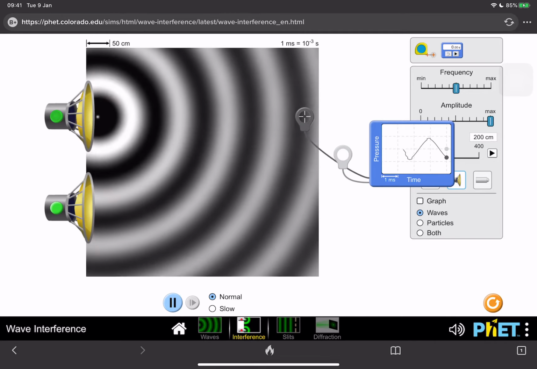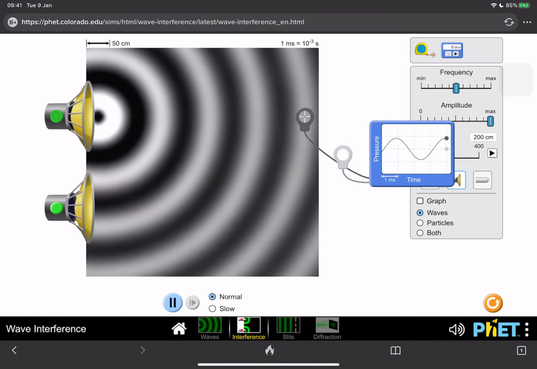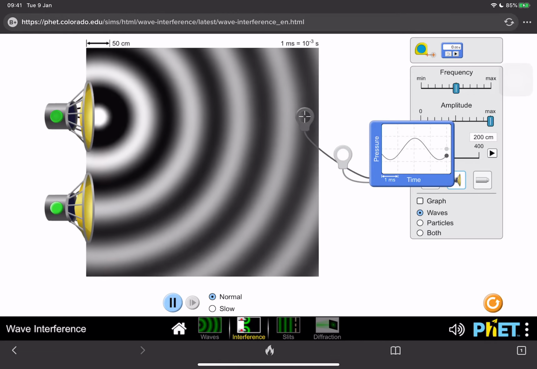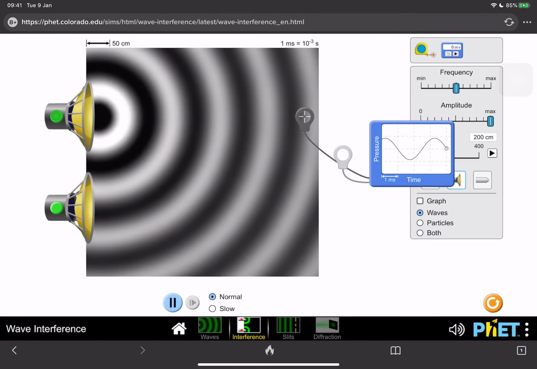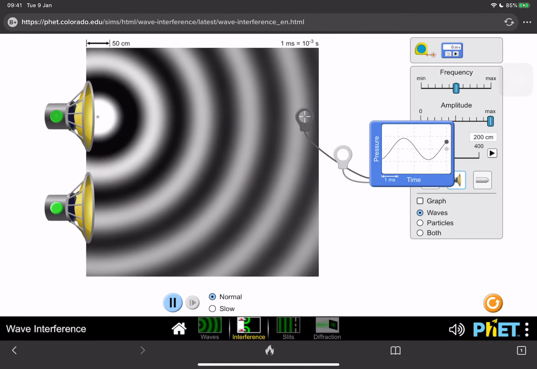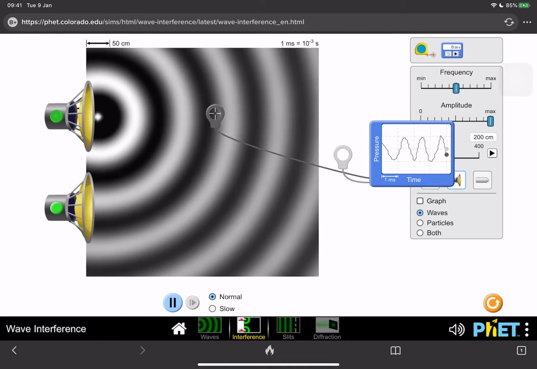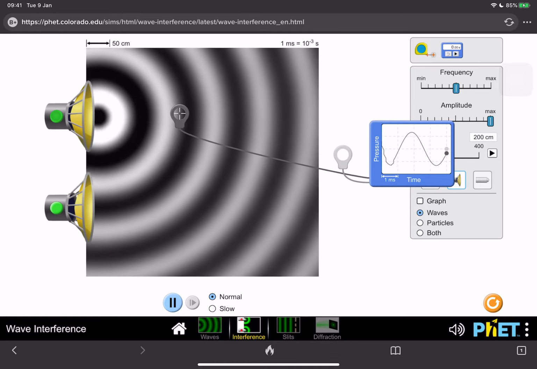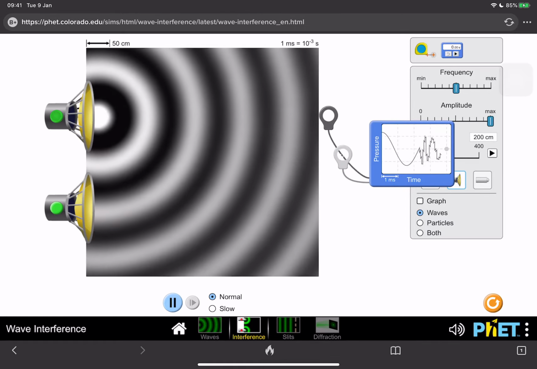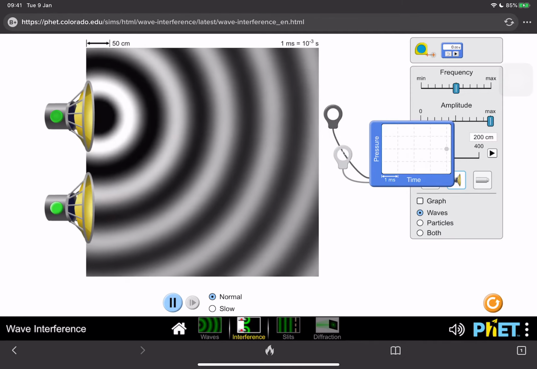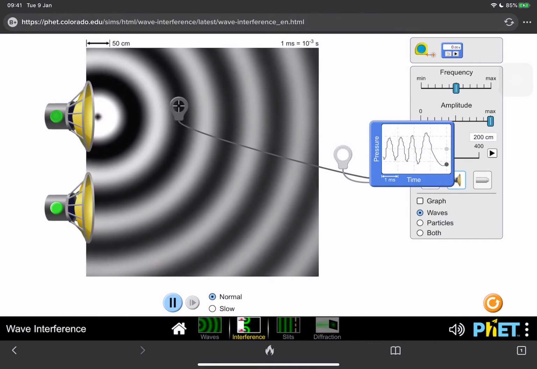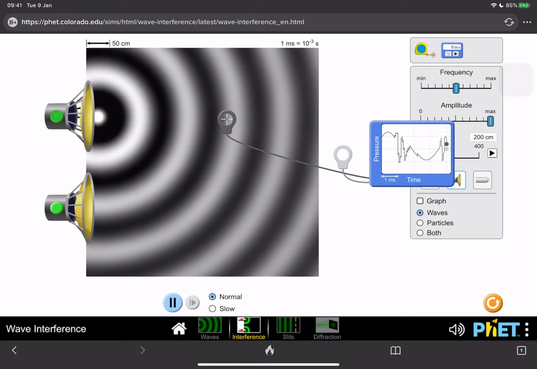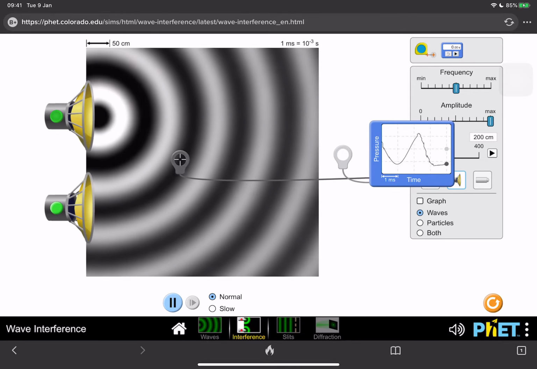If I don't move the observer, that's the wave that you see, okay? But if I move the observer in, you can see that the frequency becomes faster. So that's the Doppler effect that we just talked about, okay? So you can see it here also. Anyway, let's move it roughly here.